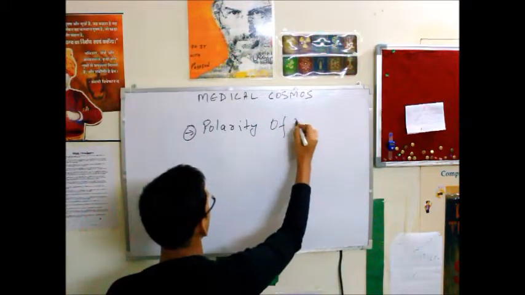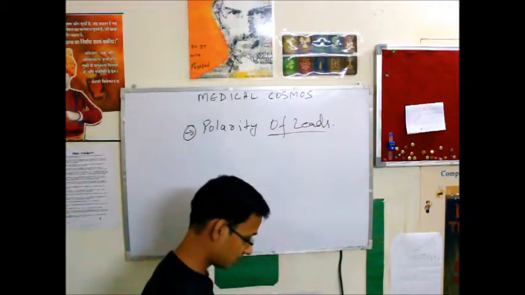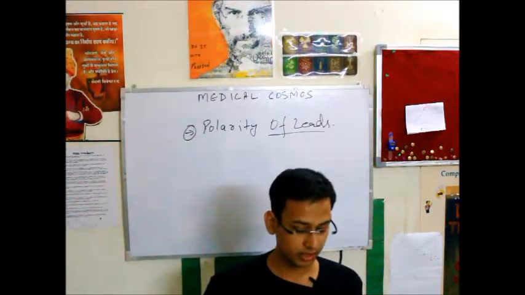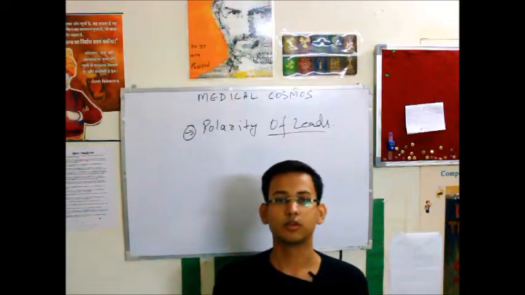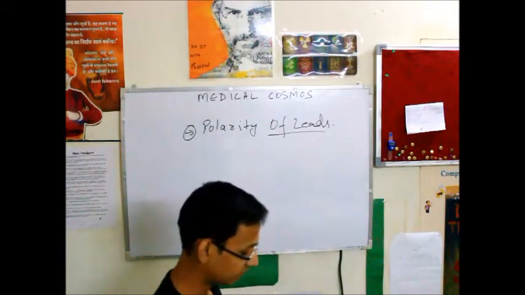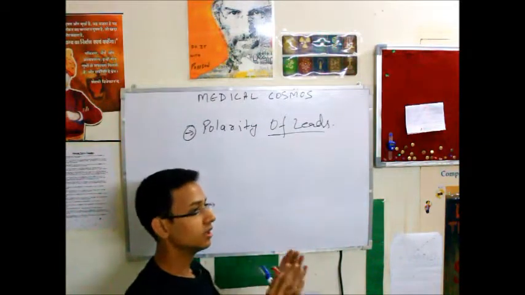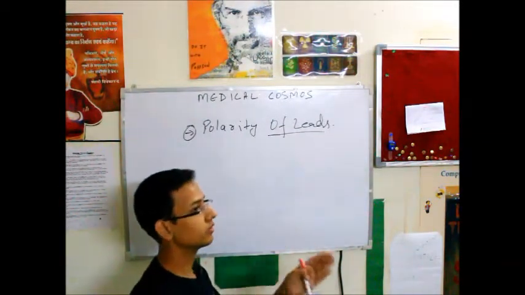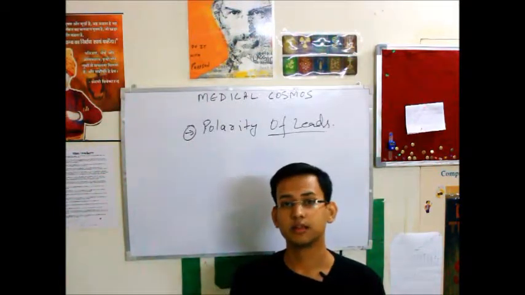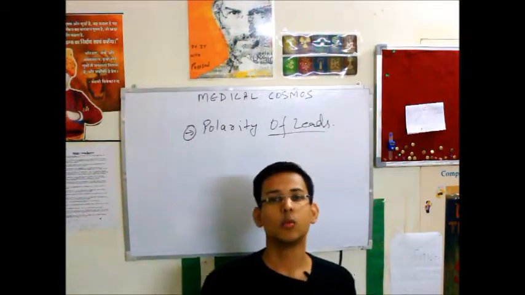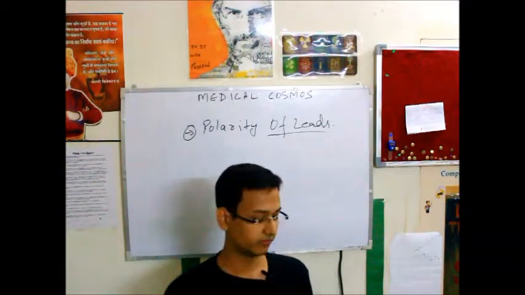Polarity of leads: what do we mean by it, and how do we put this perspective on ECG? As we discussed, when the depolarization wave is traveling towards a positive electrode, the ECG records it as an upward deflection, and when it moves away from the positive electrode, it records a negative deflection.